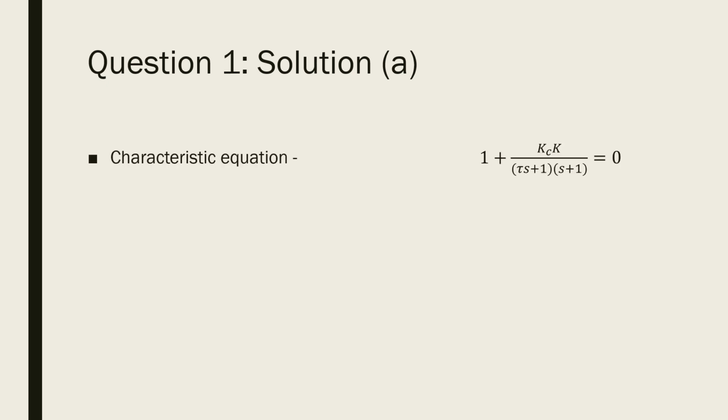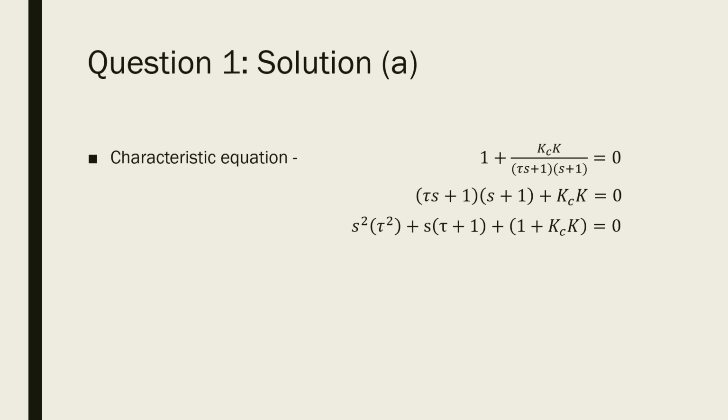We can rearrange the characteristic equation in the form of a quadratic equation and note that in order for a quadratic equation to have negative real parts in its roots, the constant term must take a positive value. In this case, the coefficient of s also takes a positive value since tau, the time constant, is positive.